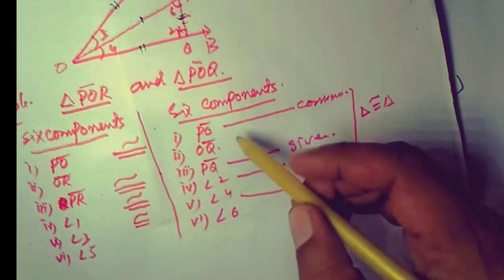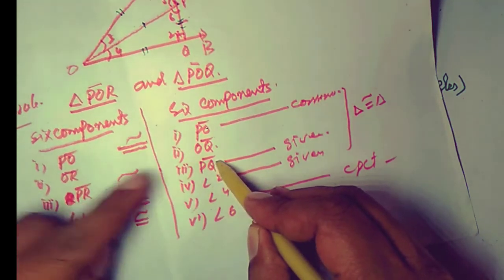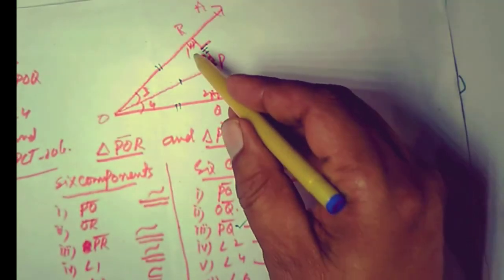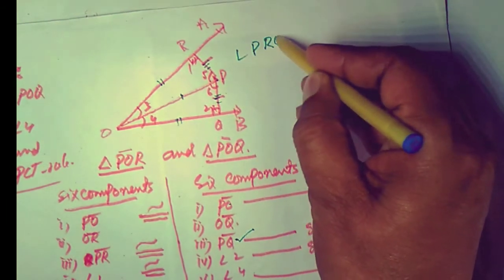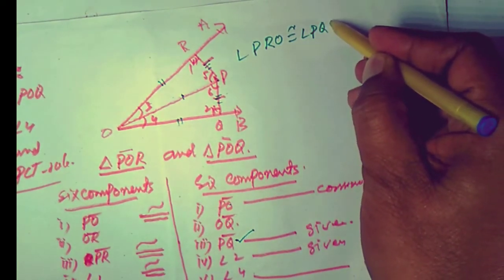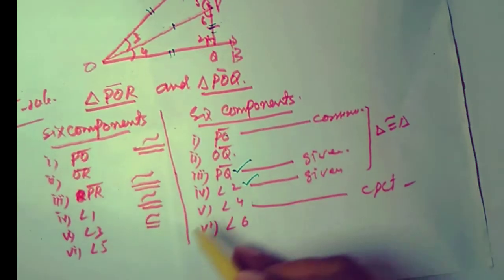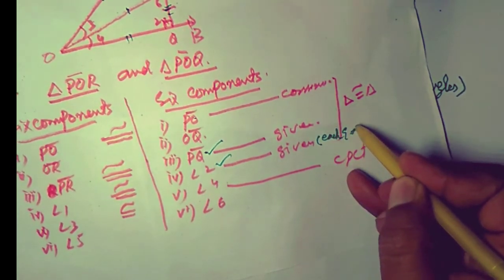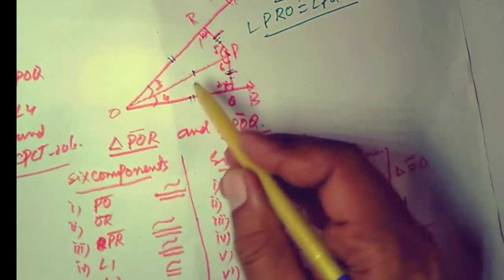Those pairs which make the two triangles congruent are PR and PQ, which is given; angle 1 and angle 2, which is angle PRO congruent angle PQO, each angle is 90 degrees; and common PO and PO in both the triangles.